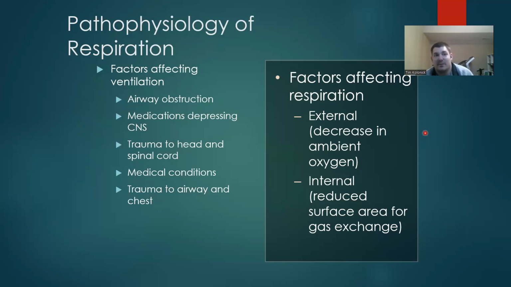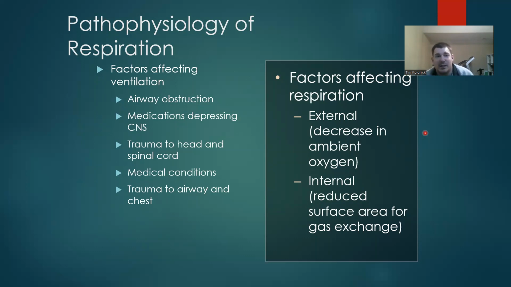So things that can affect your respiration, obviously an obstruction. If there's an airway obstruction, we're not going to be able to move air. Okay? Different medications that depress your central nervous system, i.e. fentanyl, morphine, Versed, any of those things that kind of depress your mental status could affect your breathing. Okay? Trauma to the head and spinal cord.